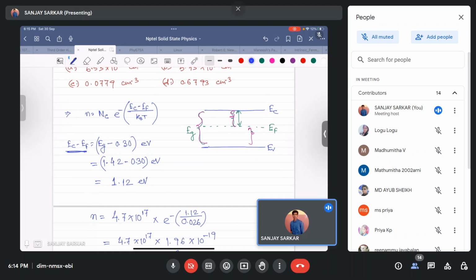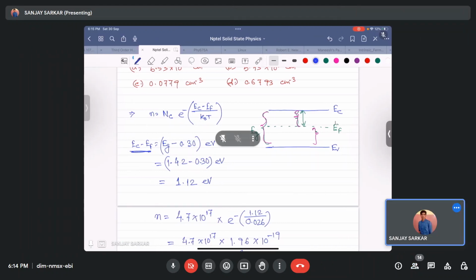Okay, so if there is no problem understanding this, let's then continue. Sorry, 1.42 minus 0.30 is 1.12, right?